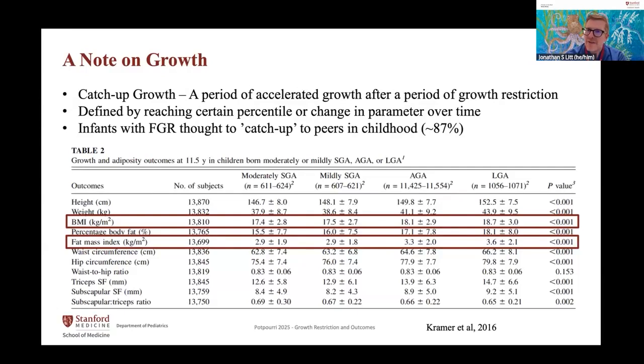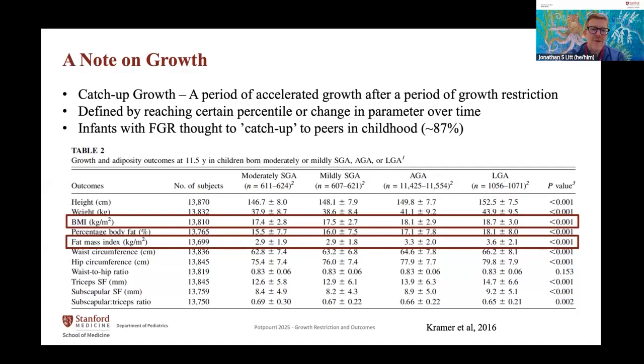Interestingly, though, the data are not so certain, and so here I share with you another study. This is a study from a few years ago, showing growth and adiposity outcomes at age 11 among children born moderately or mildly growth restricted, appropriate for their gestational age, or large.